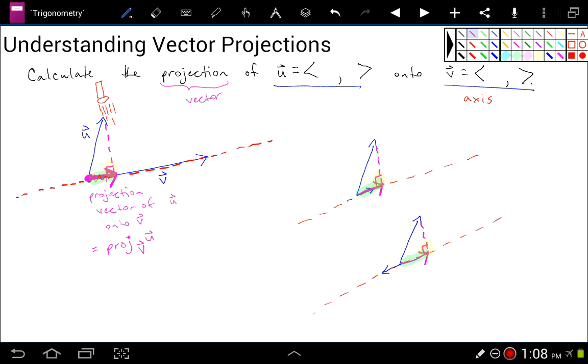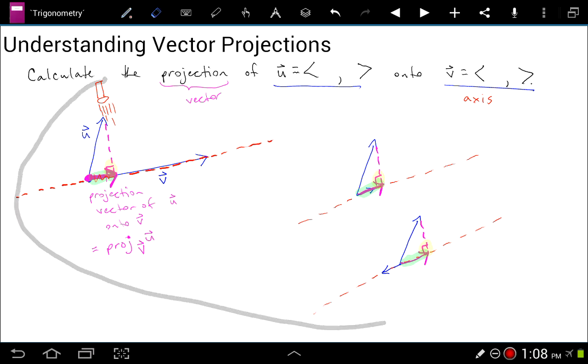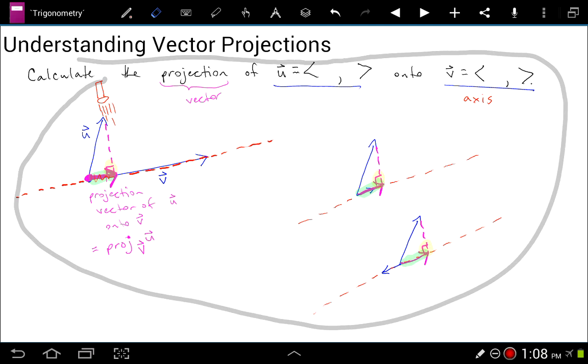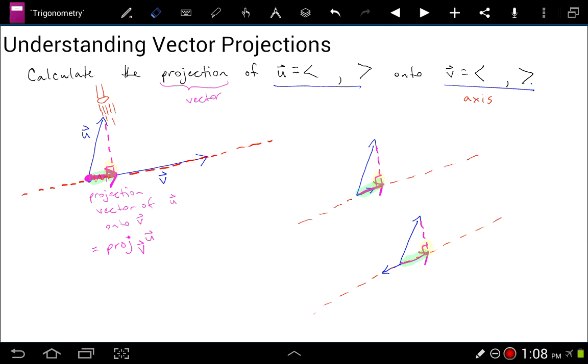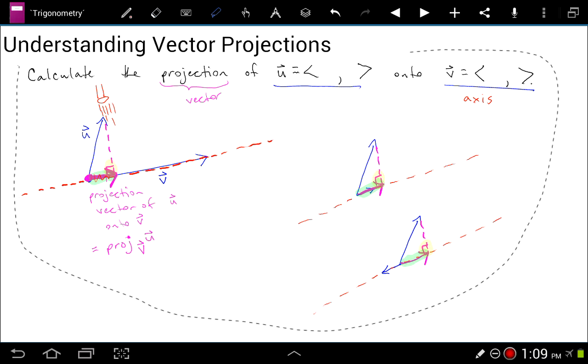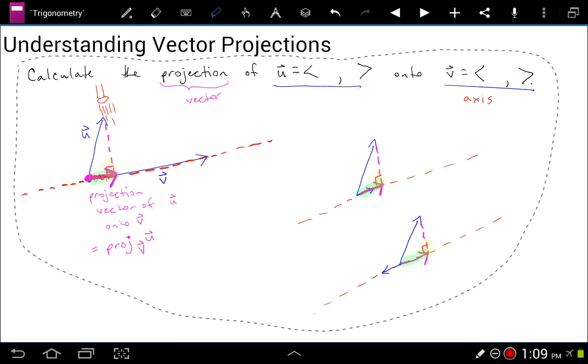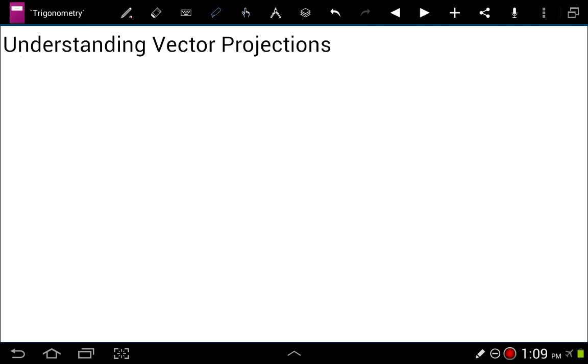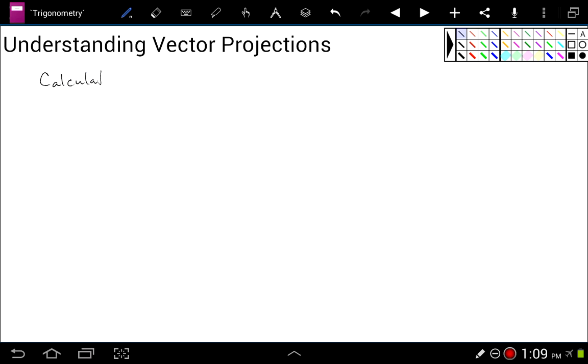Now, let's look at this picture one more time, the same exact picture. Let's use the same vectors u and v that I had in my pictures, but now, I don't want to give you the wrong idea, what if I wanted to calculate the projection of v onto u?